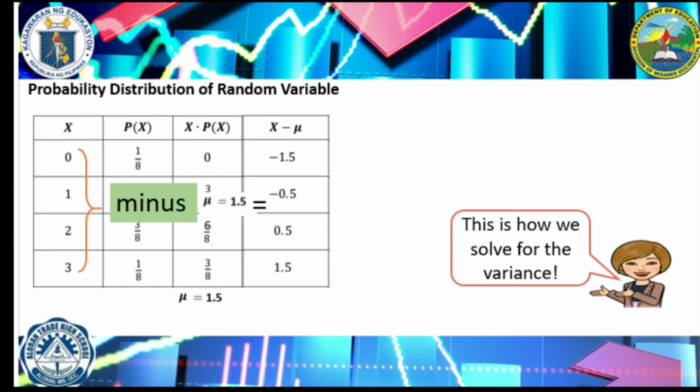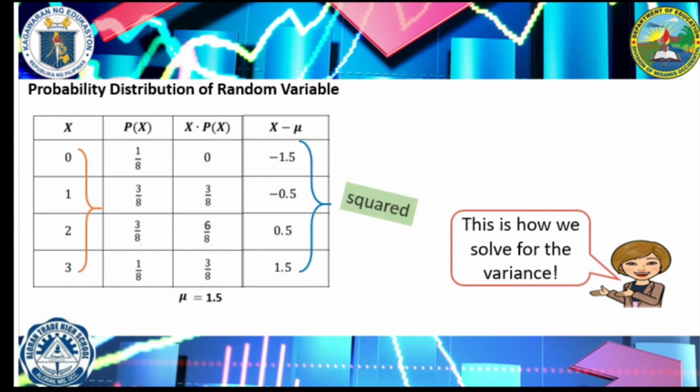This is equal to the fourth column that we have added here. So that is 0 minus 1.5 is negative 1.5. 1 minus 1.5 is negative 0.5. 2 minus 1.5 is 0.5. And 3 minus 1.5 is 1.5.